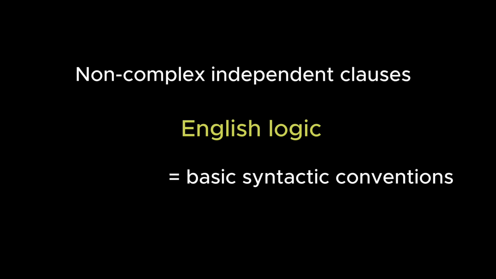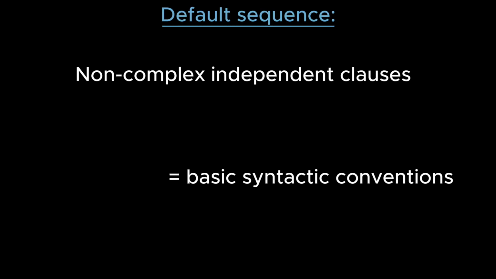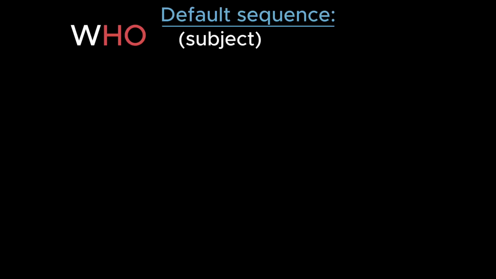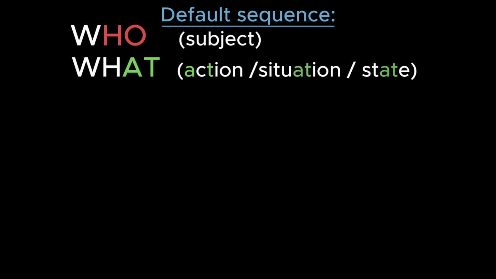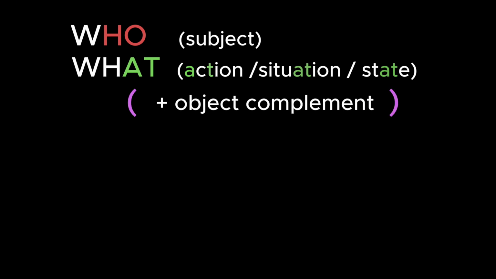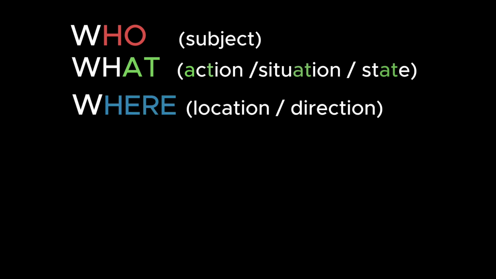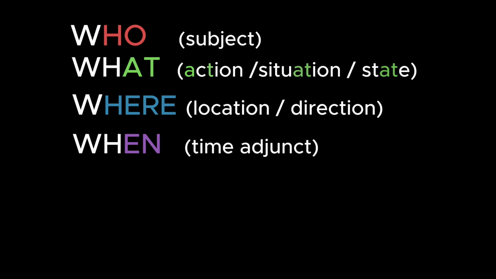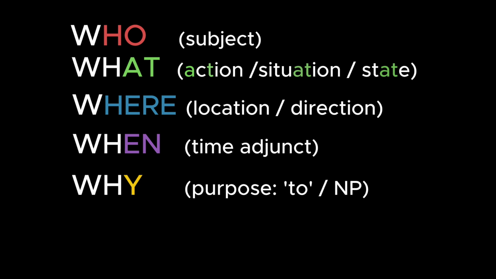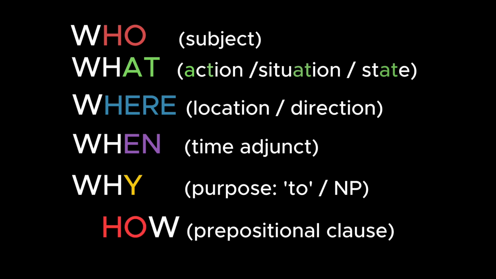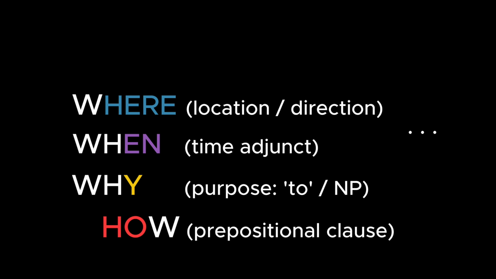There's no denying that non-complex independent clauses follow basic syntactic conventions, which generally speaking follow this order: the who, the subject; the what, the action, situation, or state; an object complement in some cases; plus, when verbalized, the where, location or direction, and/or the when, a time adjunct, followed by the why, purpose or reason, using a to clause or a noun phrase, and/or the how, a prepositional clause, comprising a preposition plus a nominal or adverb, etc.